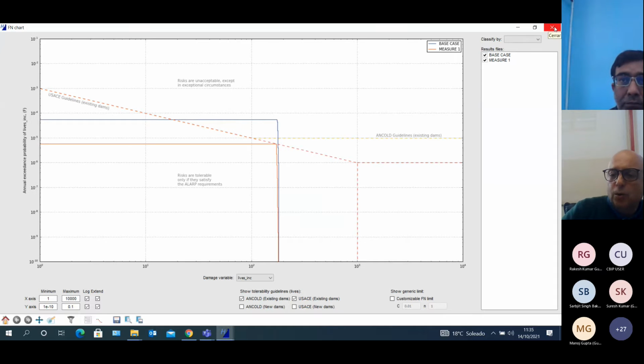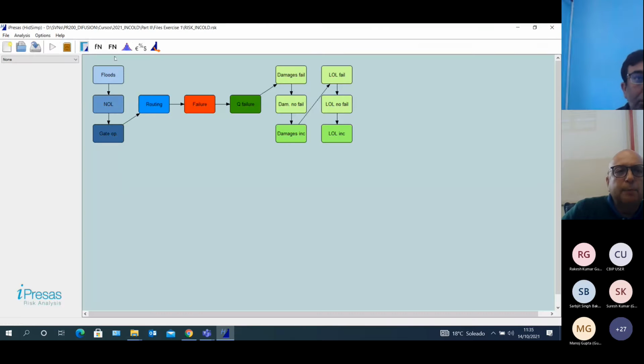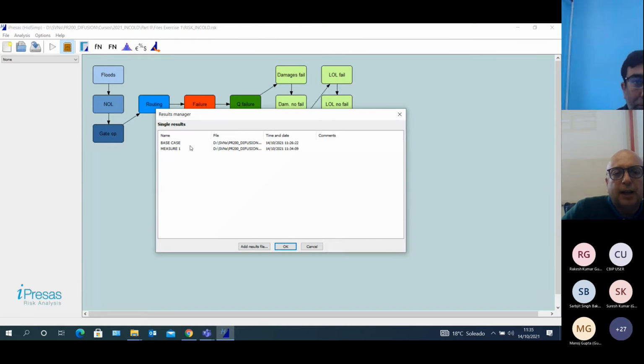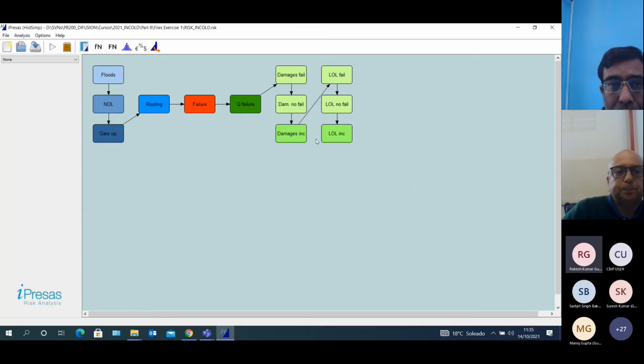But we don't know how effective have we been in terms of adjusted cost per statistical life. Let me go here. If you go to the results manager, you should have base case and measure 1. Okay, base case and measure 1. Now let's calculate the risk indicator.